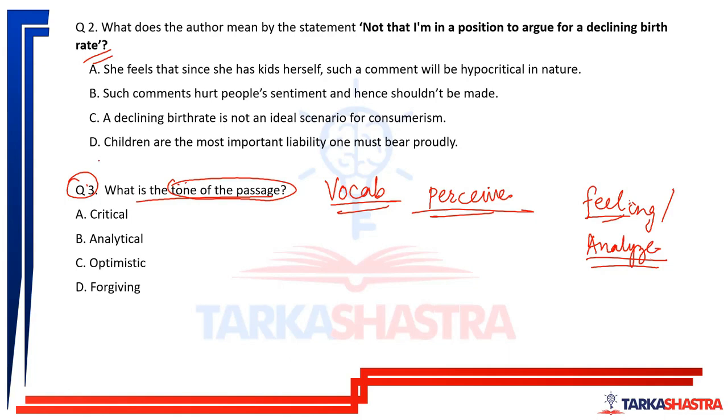Okay, so here, if you take a look at it, is the author criticizing something? She is criticizing several things, but is that the basic idea behind the passage? No. Next, analytical. Is analysis the basic idea?